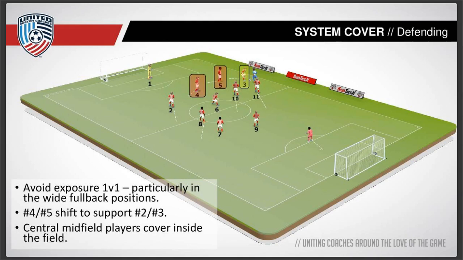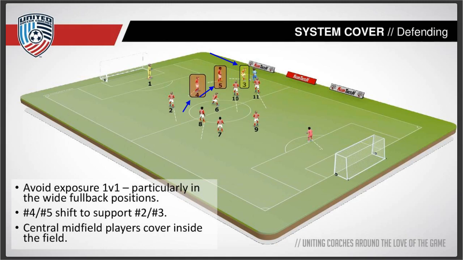With the acknowledged probably greatest weakness of our system being the potential gap between the 2 wide players, our 2 and 7, and 3 and 11, it's important that our fullbacks, in this case number 3, does not get exposed one-on-one. And so the way that we prevent number 3 or number 2 getting exposed one-on-one is that 4 and 5 demonstrate the ability to shift laterally to provide cover.